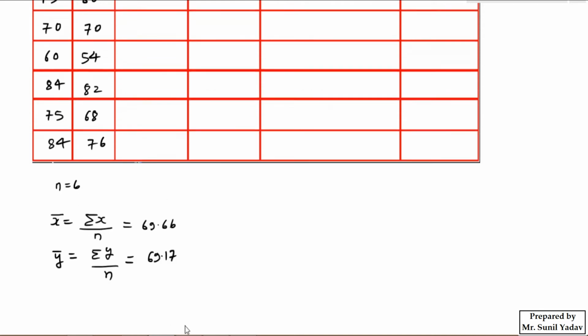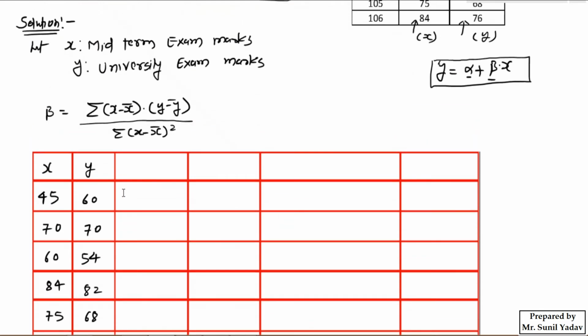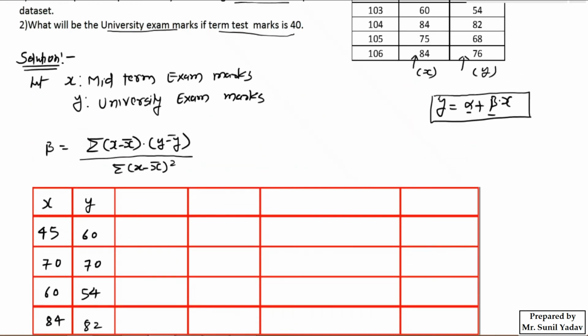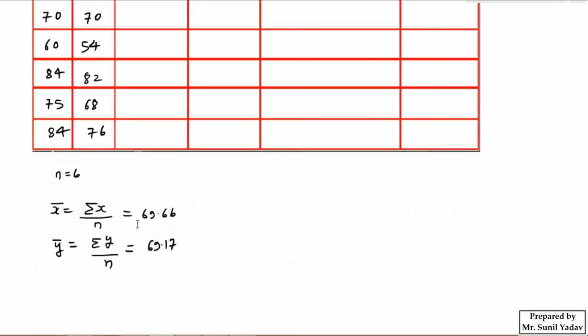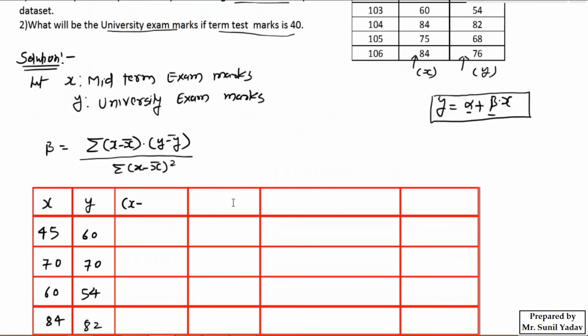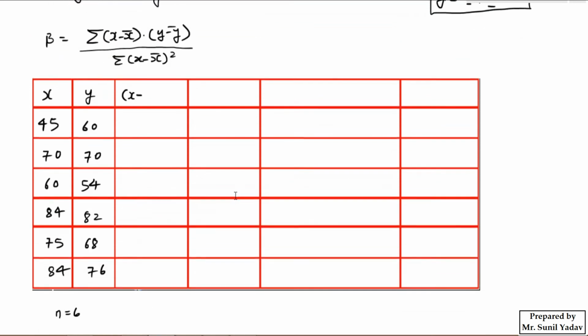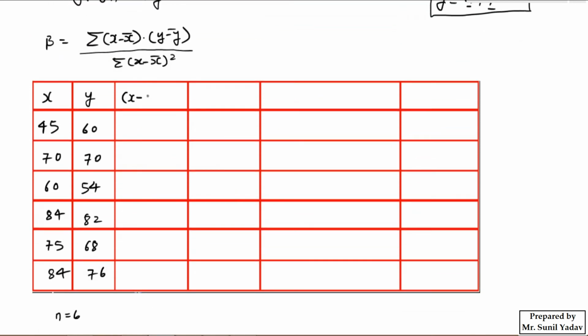Now after that, what we have to do is find x minus x bar. So here we'll write x minus, and x bar is already estimated, it is 69.66. So we're going to write 69.66 over here. What will we do now?